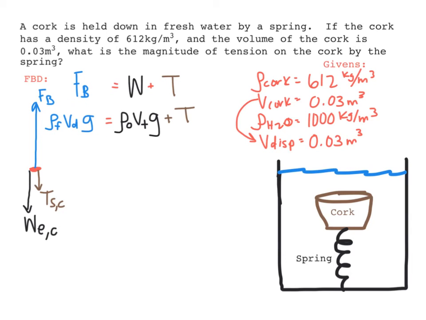That's equal to, and I know that weight is density of the object times volume total times gravity, which is just a fancy expression for mass times gravity. And tension I'm going to leave because that's what I'm trying to find. So I want you to pause the video, and I want you to plug everything that you know in, and then I want you to try to solve for tension. Go ahead.